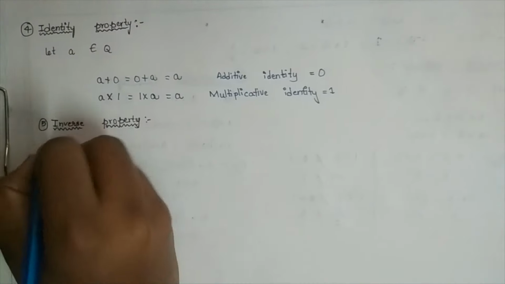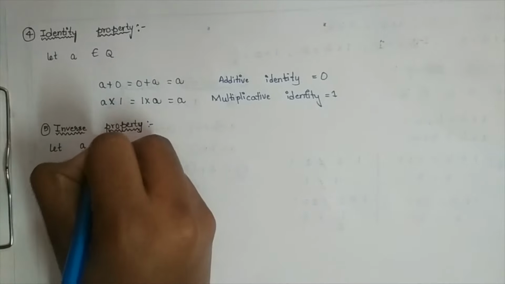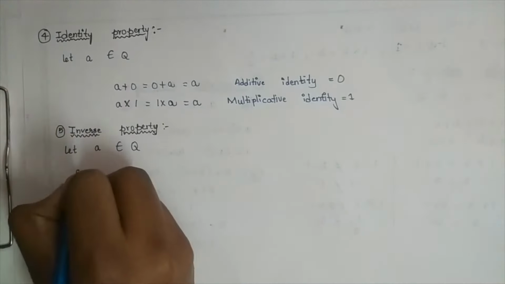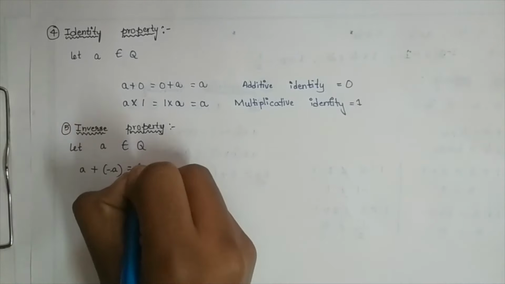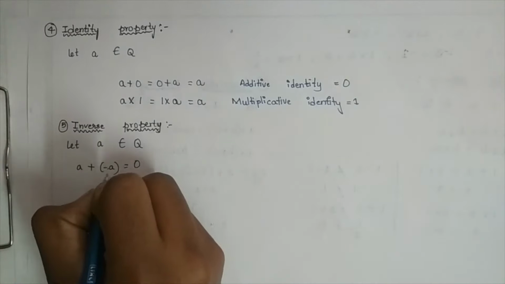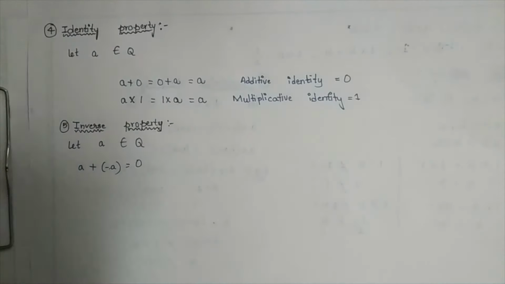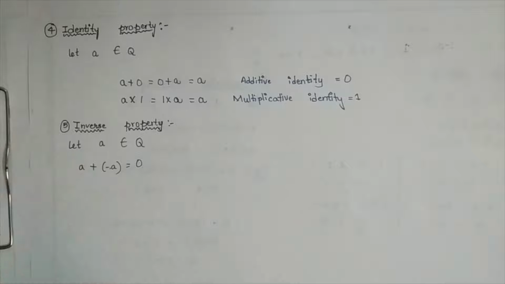In the same way, here also let us take only one rational number a which belongs to rational numbers. So a plus minus a will give 0. So a is the additive inverse of minus a. At the same time, this minus a is the additive inverse of a. Next thing is multiplicative inverse.